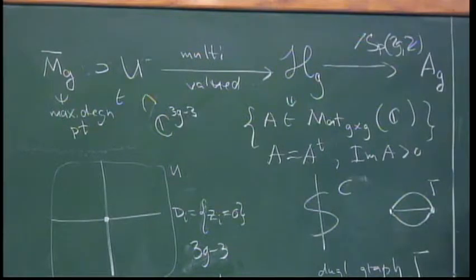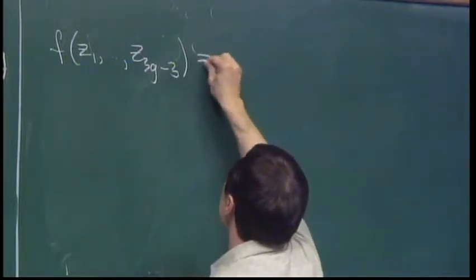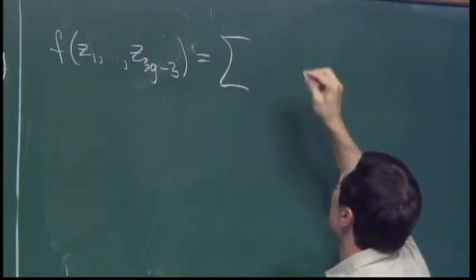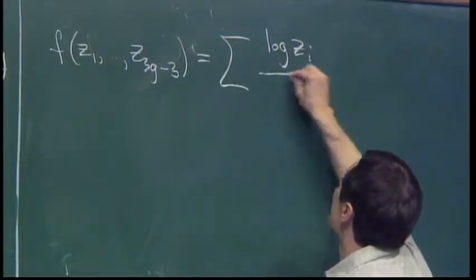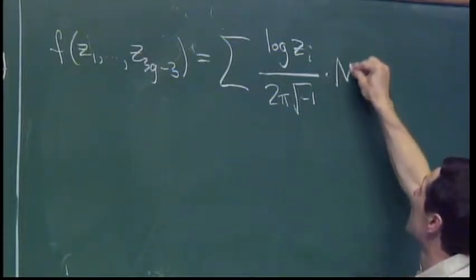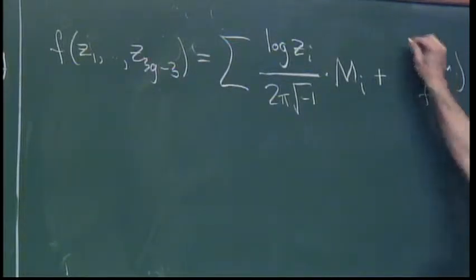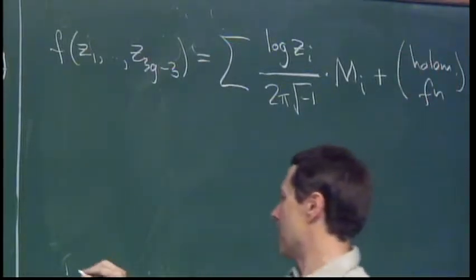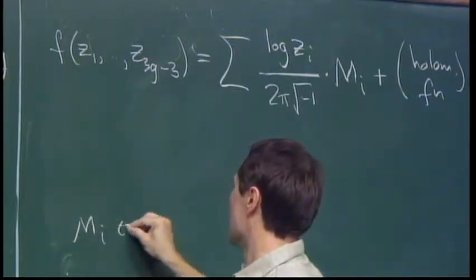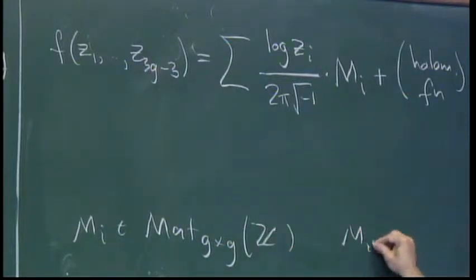So f of z_1, etc., z_{3g-3} is the sum of logarithms of z_i over 2 pi square root of minus 1, times some monodromy matrices M_i, plus a holomorphic function. And now M_i are some g by g symmetric matrices, integral valued.